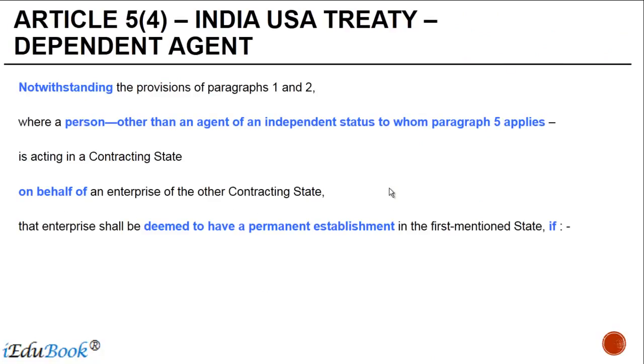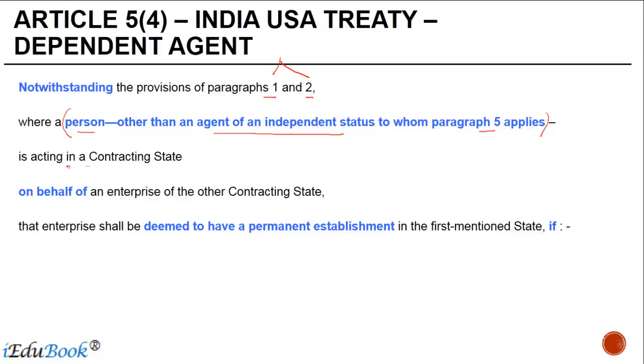Let's look at paragraph 4 first. Notwithstanding the provisions of paragraph 1 and 2, fixed place PE, inclusion in the definition of PE, where a person other than an agent of independent status to whom paragraph 5 applies. Clearly, if you are covered under paragraph 5, the question of looking whether you are a dependent agent does not arise. Right?